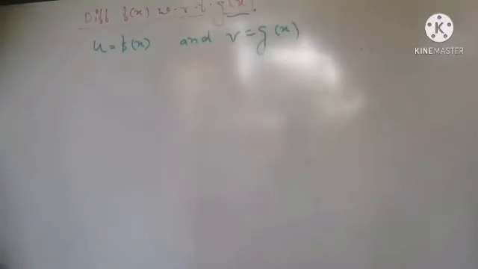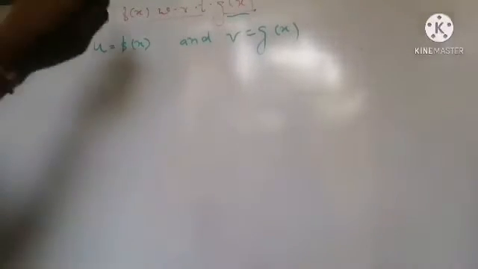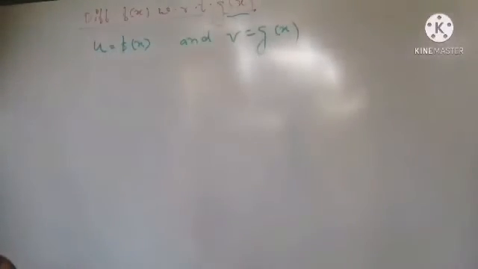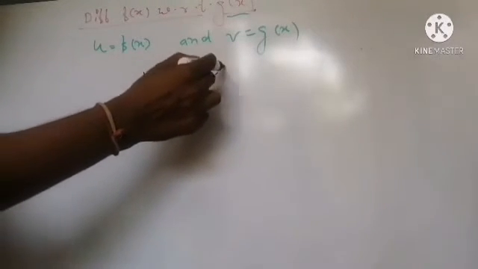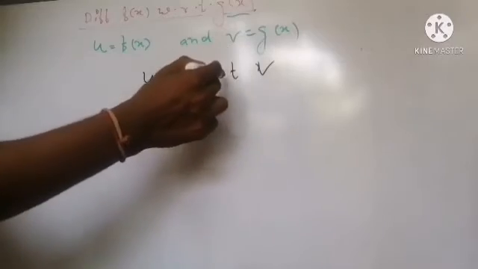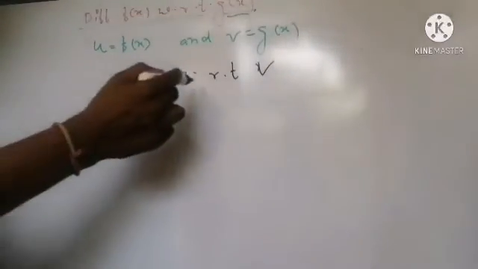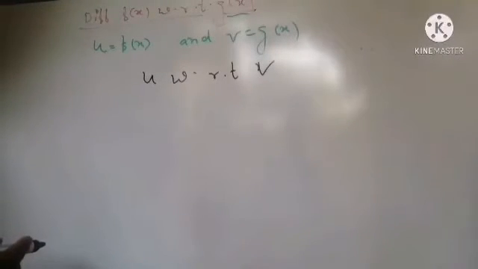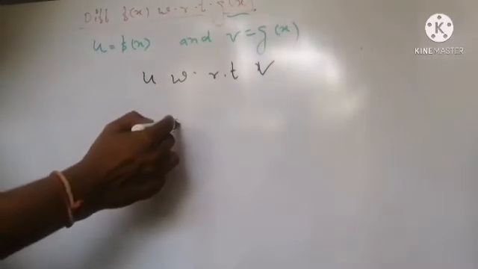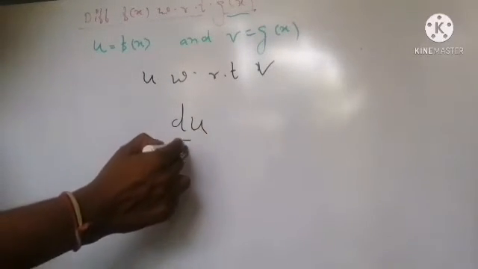Now we have to find the derivative of f of x with respect to g of x. That means the derivative of u with respect to v. As u is one variable and v is another variable, we can differentiate variable with respect to variable, as we learned, y with respect to x, dy by dx, x with respect to t, dx by dt. Similarly, u with respect to v, that is du by dv.